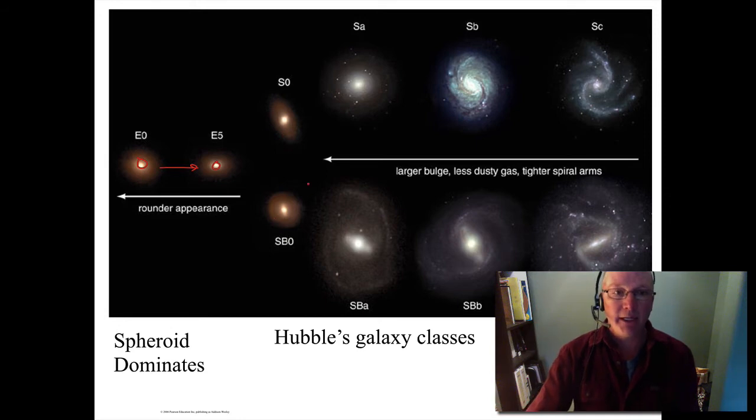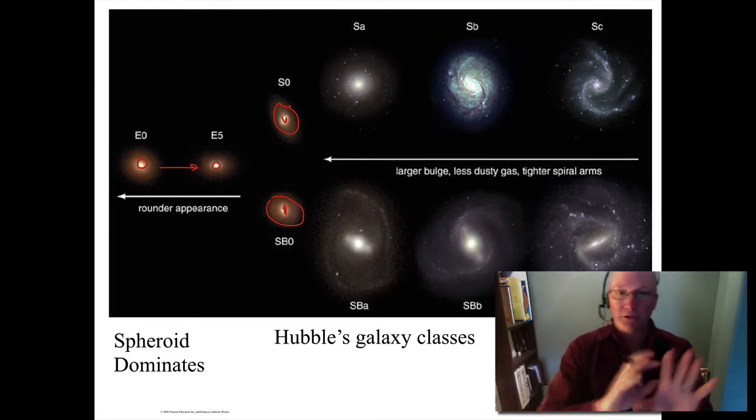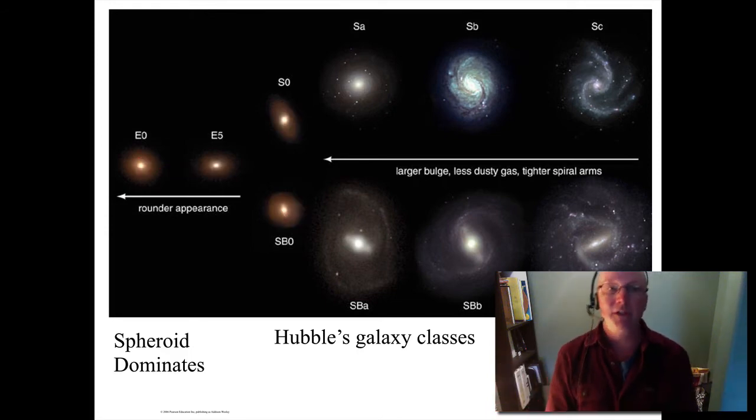And then kind of in between here are these S0 and SB0, which are barred, mostly spheroidal type galaxies, but clearly have a disk component to them, right? Again, this is not to suggest any kind of evolution from one to the other. This is just displaying them on a spectrum so you can see the types of galaxies that we have.